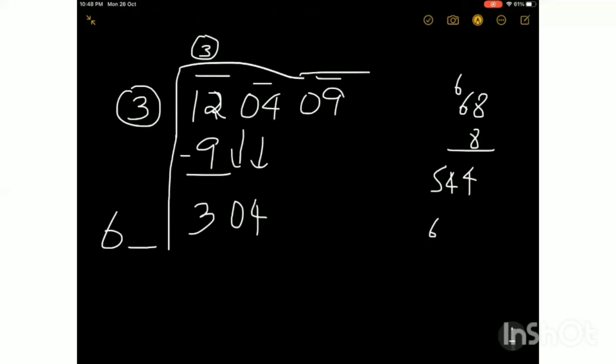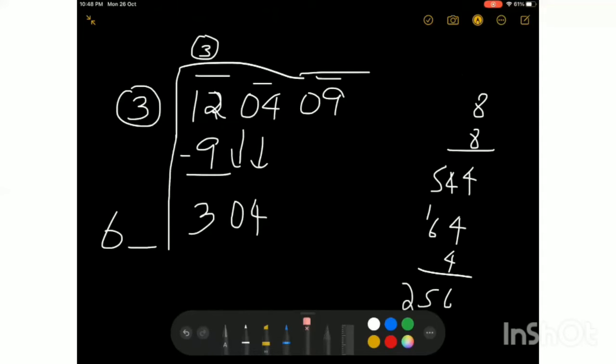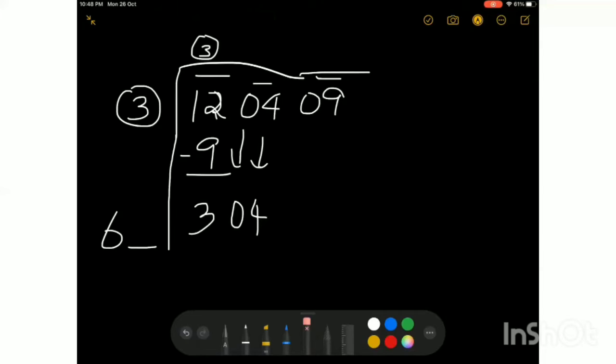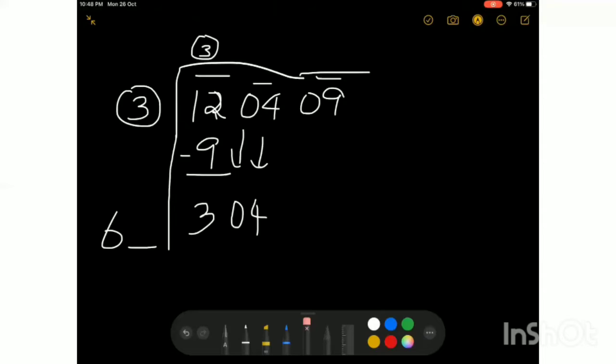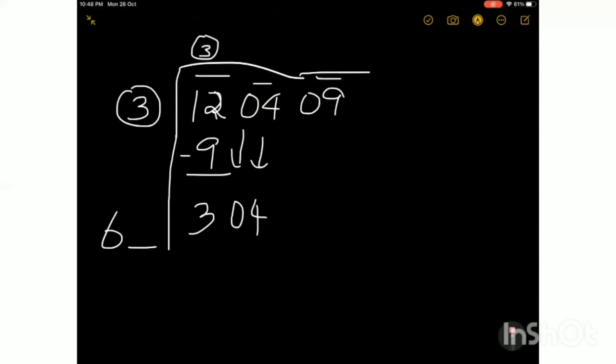So you have to try with 65. 65 into 5 gives you 325.